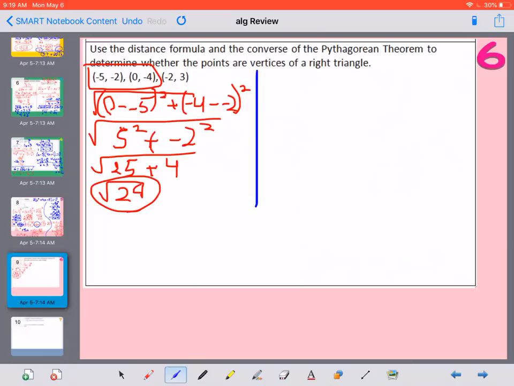The next one, we have 0, negative 4, and negative 2, 3. So we have the square root of negative 2 minus 0 squared plus 3 minus a negative 4 squared.